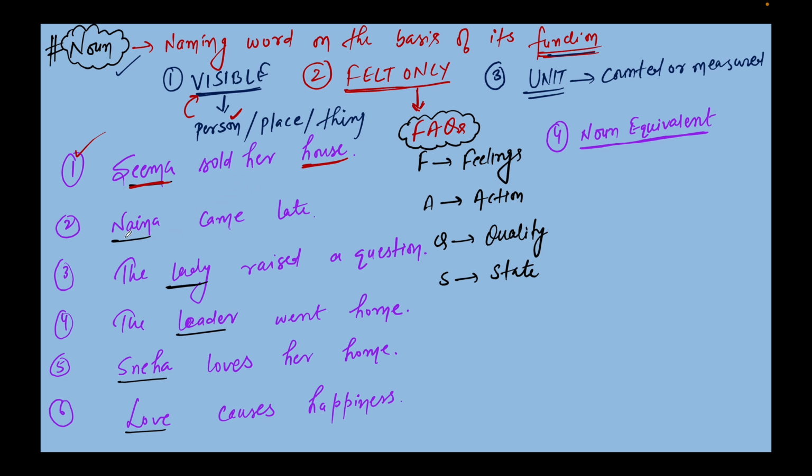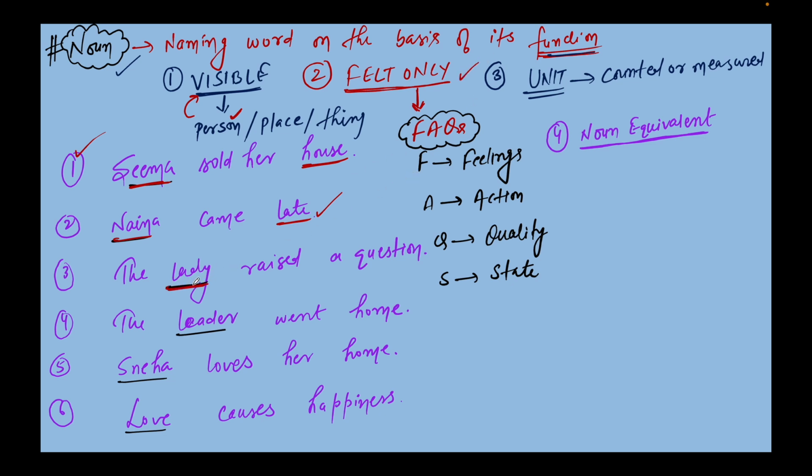And Nana is also coming under the category of visible. Late: it cannot be seen. It can be felt, like somebody is late, or somebody is on time. So it can only be felt. So it comes under the category of felt only.